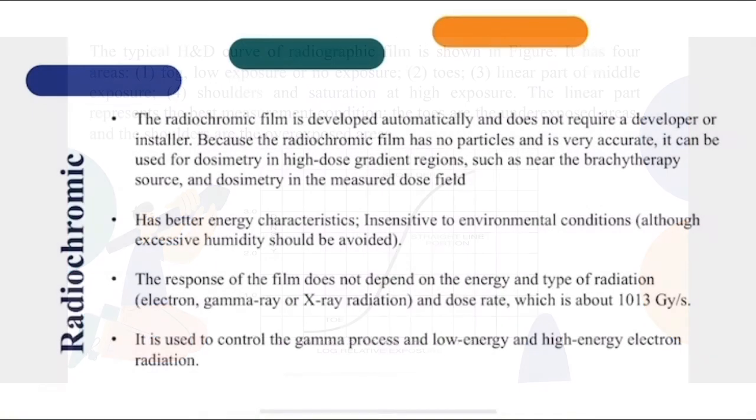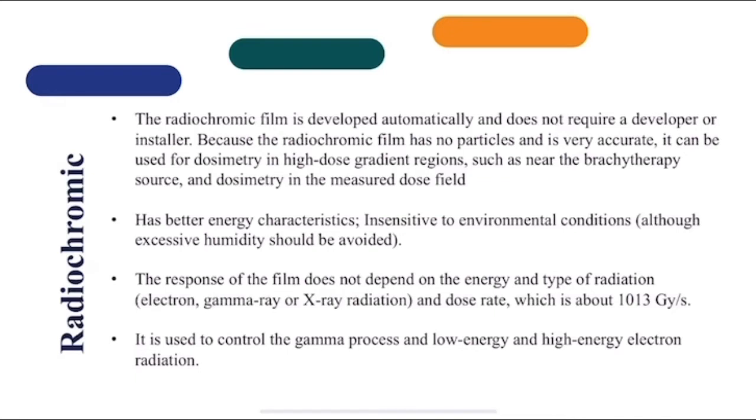Radiochromic film is developed automatically and does not require a developer or fixer because the radiochromic film has no particles and is very accurate. It can be used for dosimetry in high dose gradient regions, such as near brachytherapy sources, and dosimetry in the major dose field. It has better energy characteristics and is insensitive to environmental conditions, although excessive humidity should be avoided.